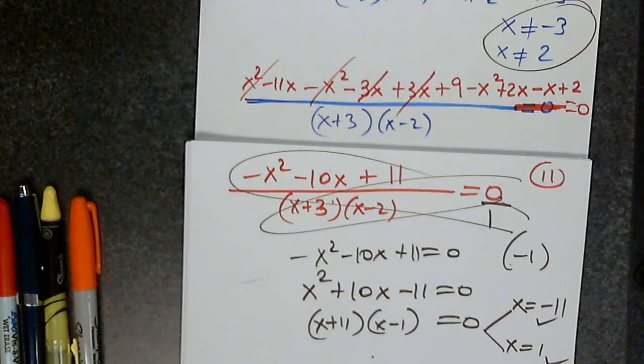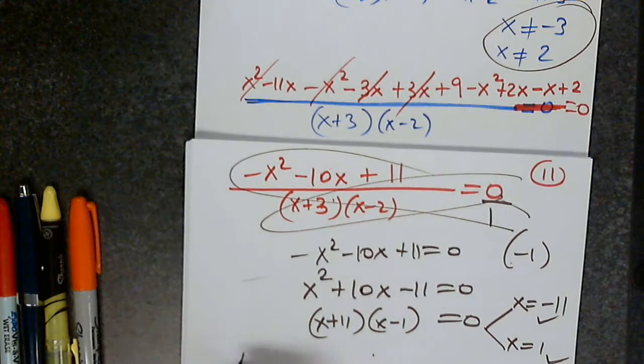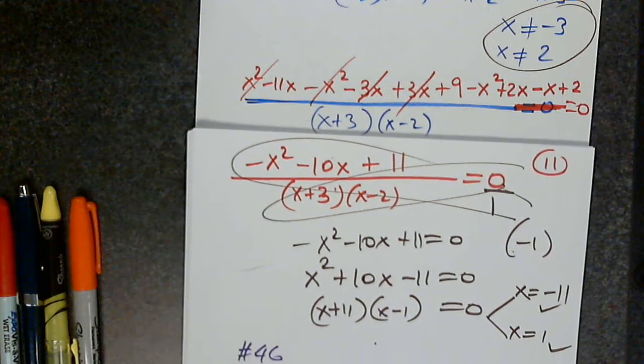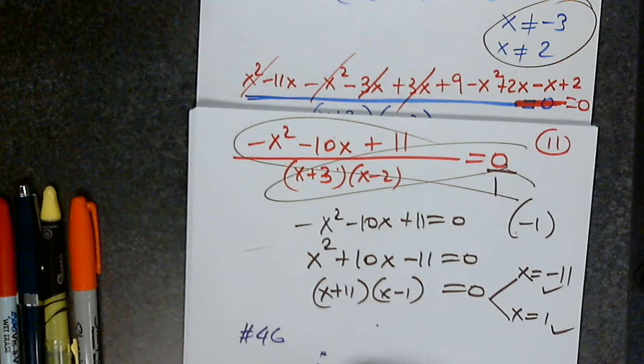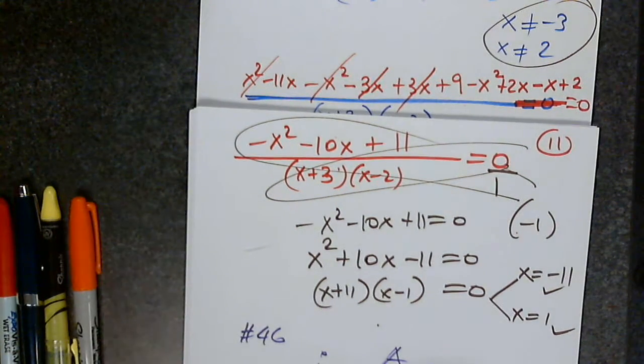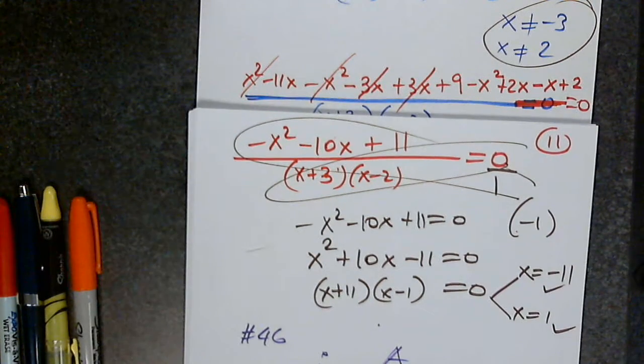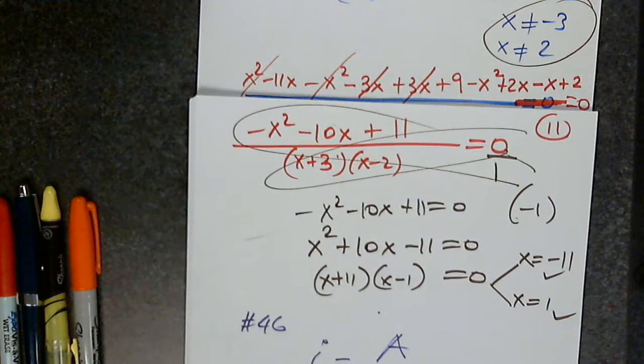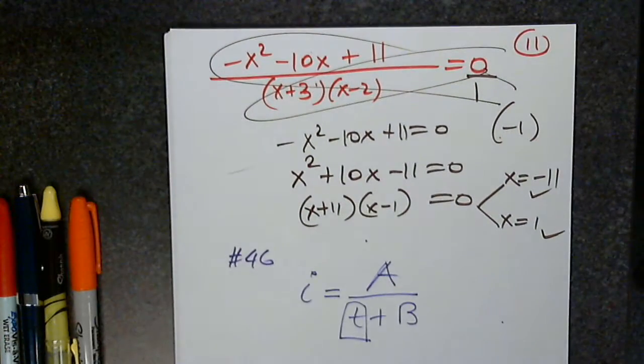Okay, I would like to solve 46. I equals uppercase A over T plus uppercase B, and we're asked to solve for T. This is a model, and we're asked to solve for T. Okay, when you look at this equation, what will you say this equation is all about?